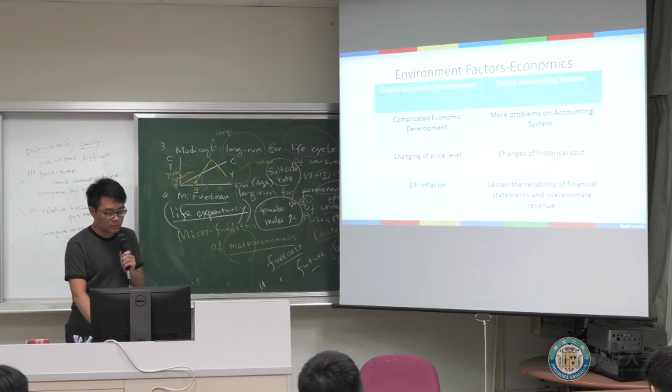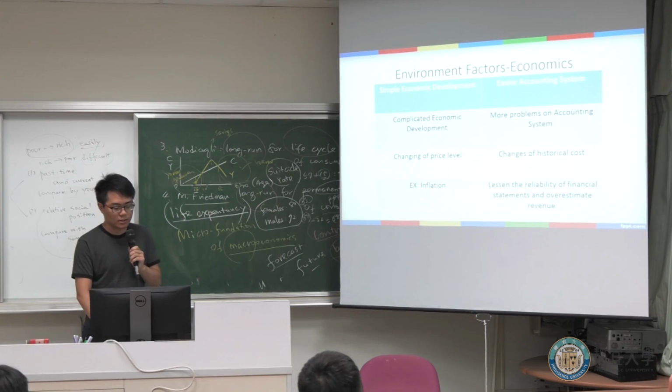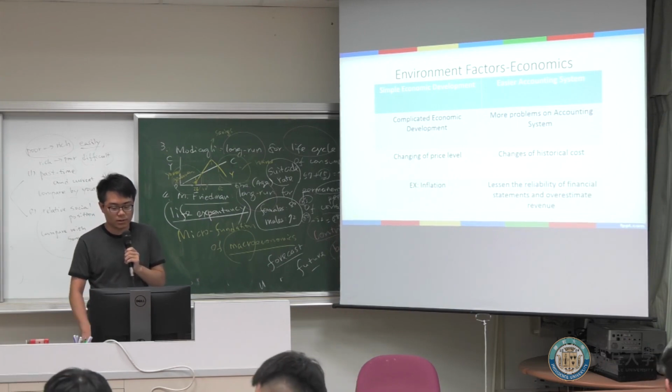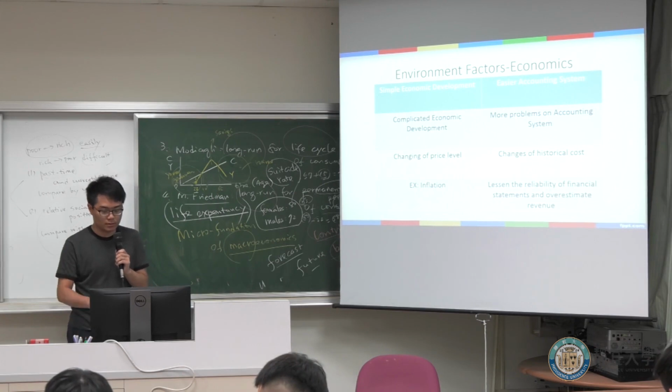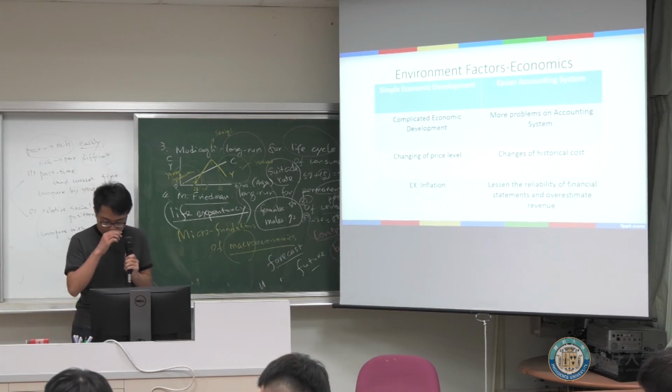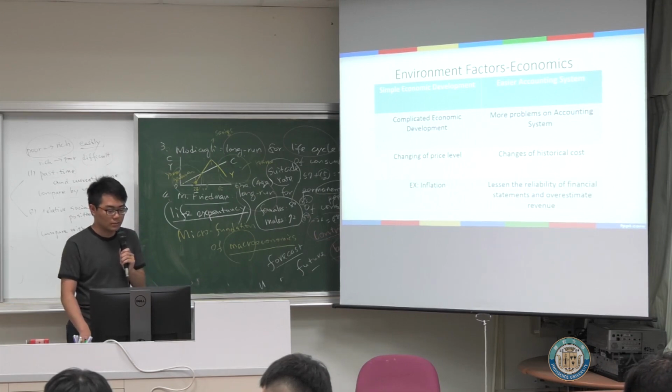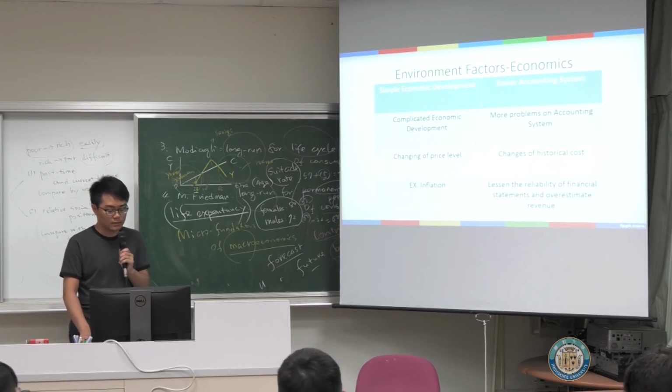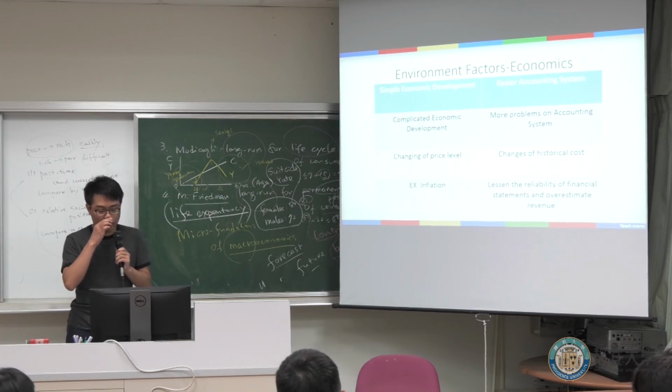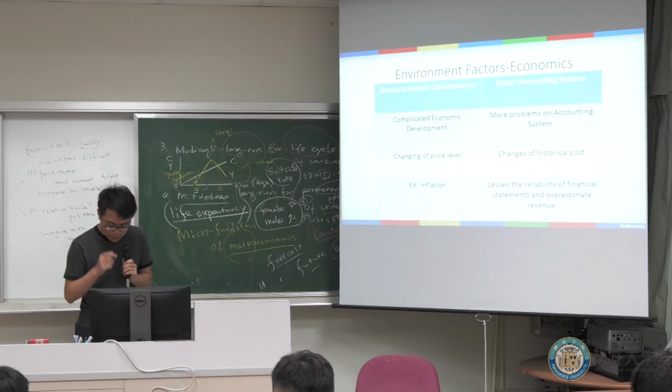So the more complicated the economic development is, the more difficult the accounting system is in a country. And on the other hand, if the economic development is easy, then there will not be so many problems in the accounting system.